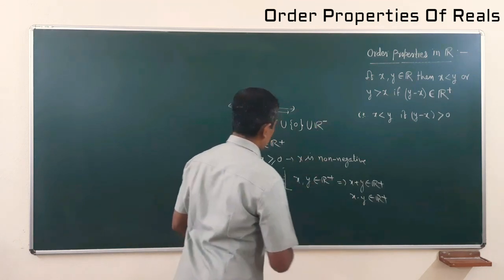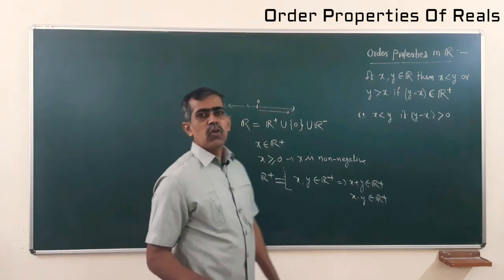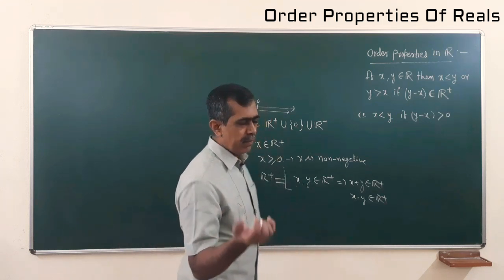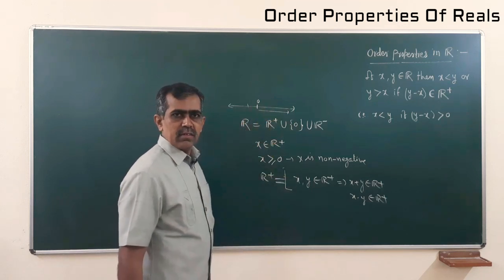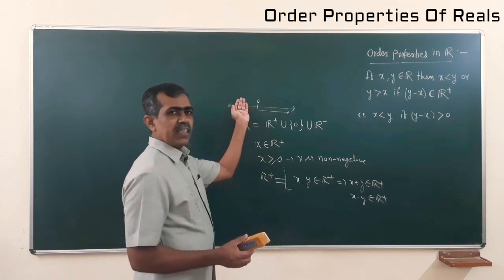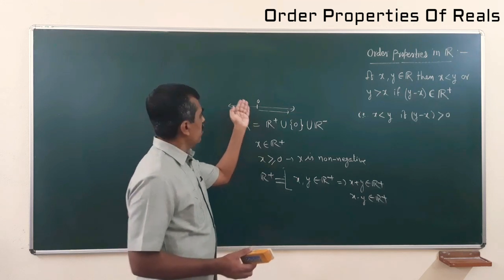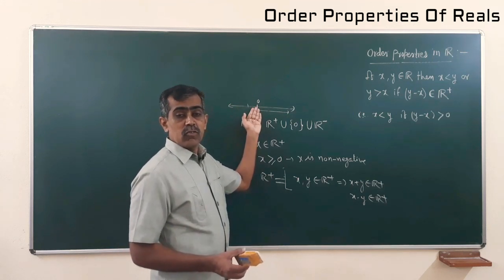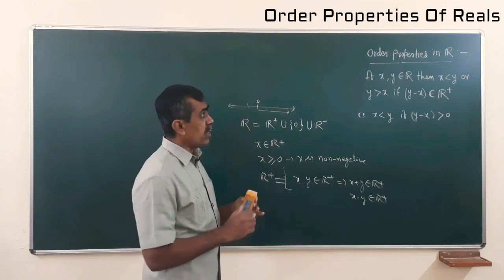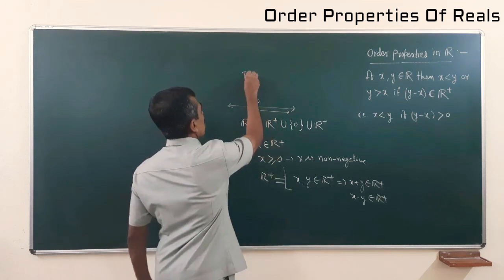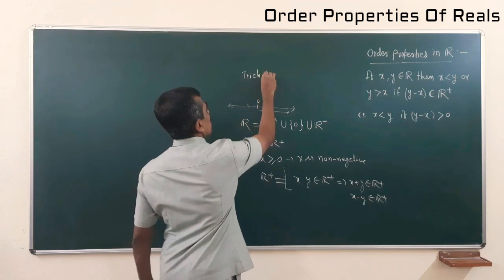Not only that, you know the trichotomy law. Given any real number x, it satisfies either x is negative, or if it is not negative, it may be 0, or if it is neither negative nor 0, then it should be positive. Tri means 3.